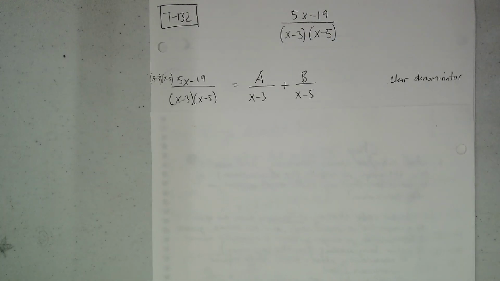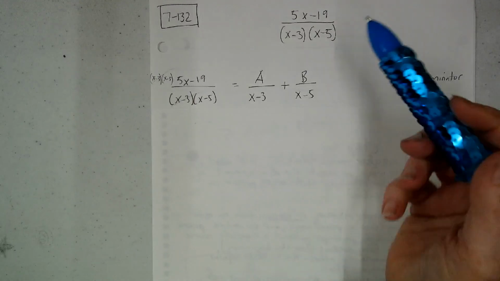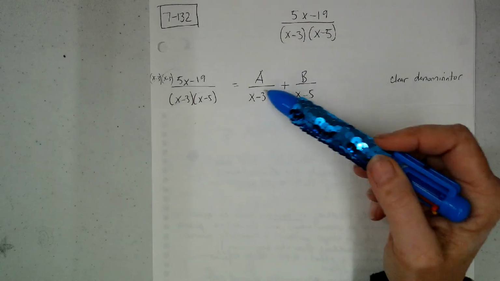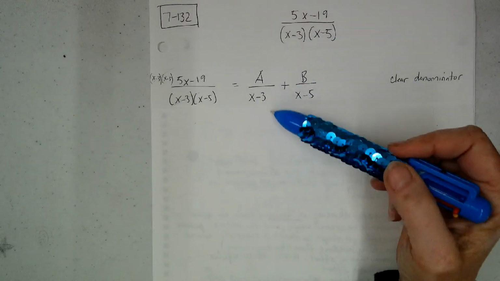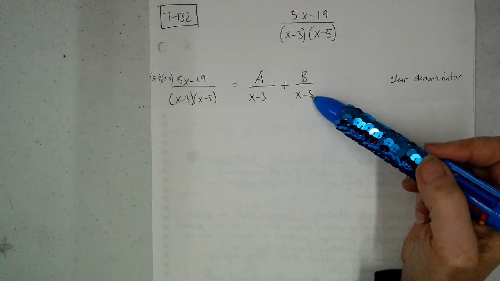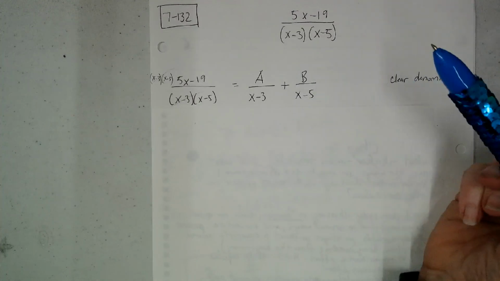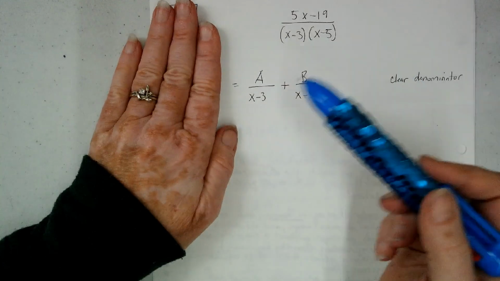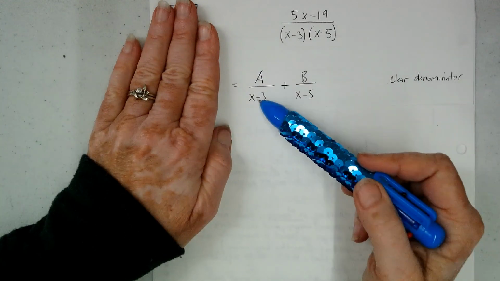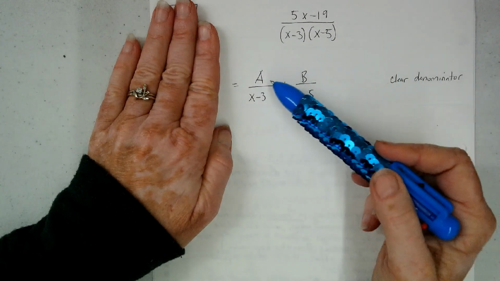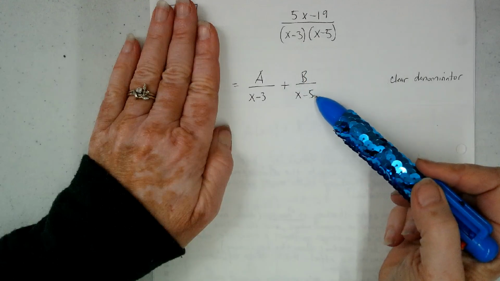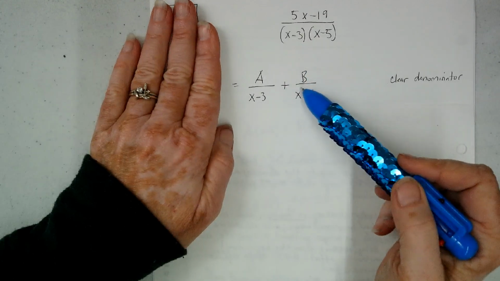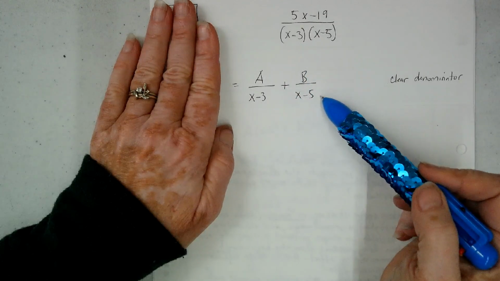So let me remind you, because maybe you haven't done this for a while. We are trying to write it as the sum of two fractions with linear denominators. So we know that if we started out with something over x minus 3 plus something over x minus 5, we could add these up by getting a common denominator.